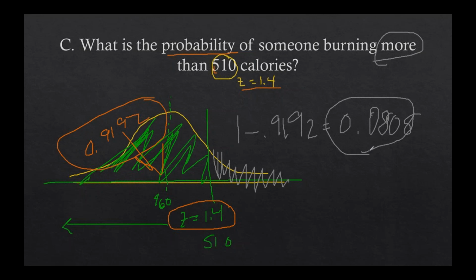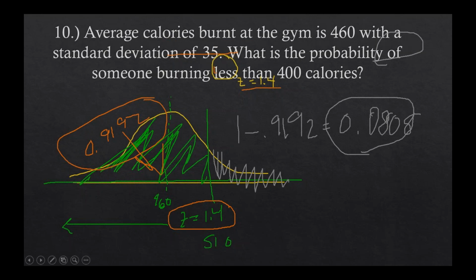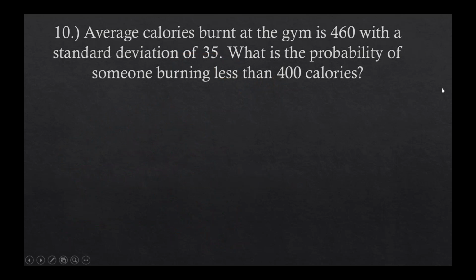Okay. All right. I'm going to have you try one. From the beginning. You're still going to use the same 460 calories as your mean, 35 is your standard deviation. But now you're going to answer the question, what is the probability of somebody burning less than 400 calories? So I want you to try on that.